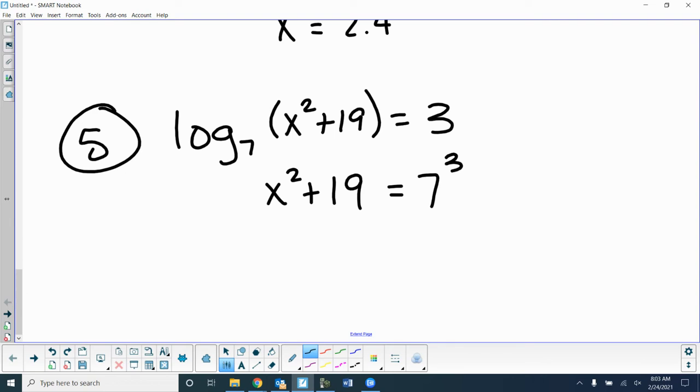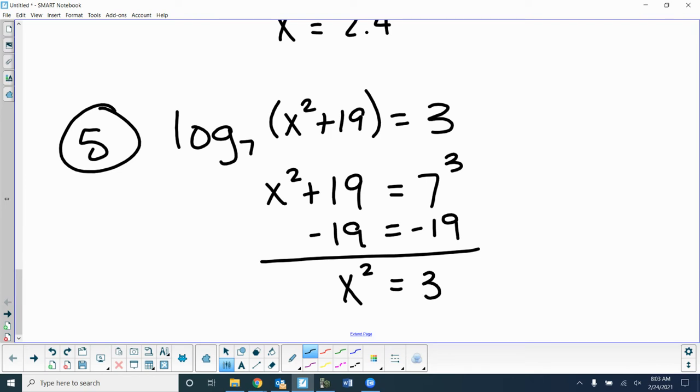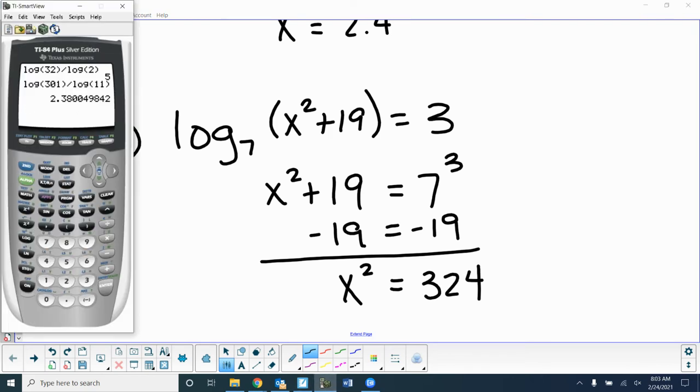That's my equation. So when I subtract 19, I get x squared equals 324, isn't it? 7 cubed, 343 minus the 19. Yeah, 324.